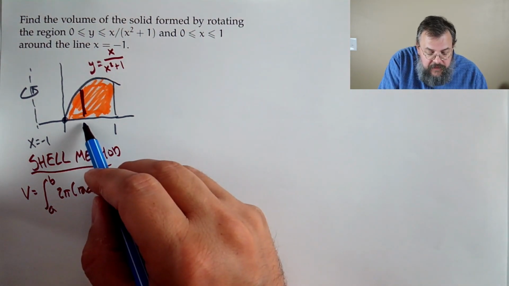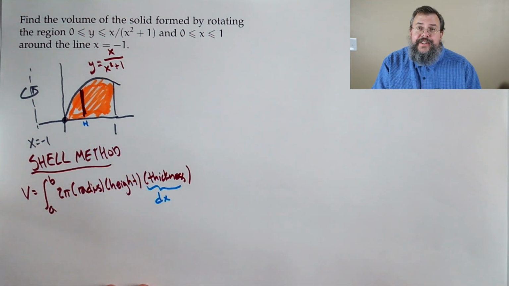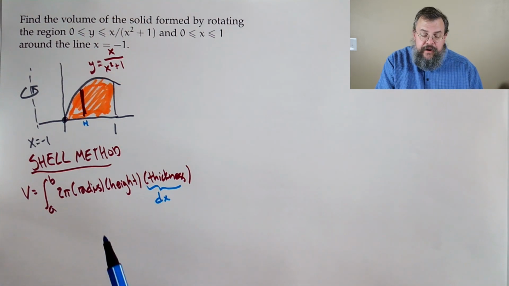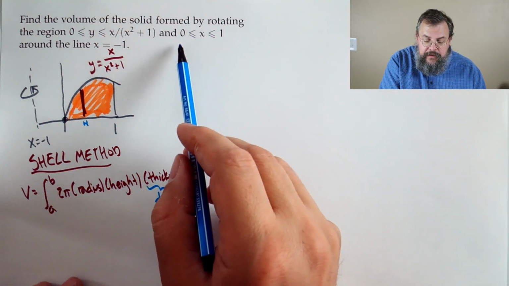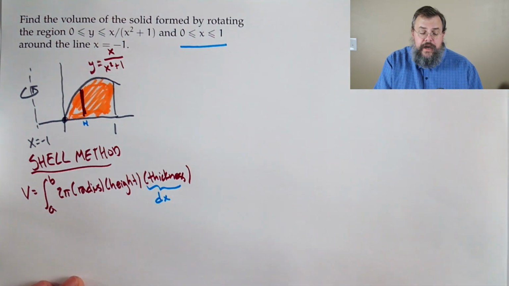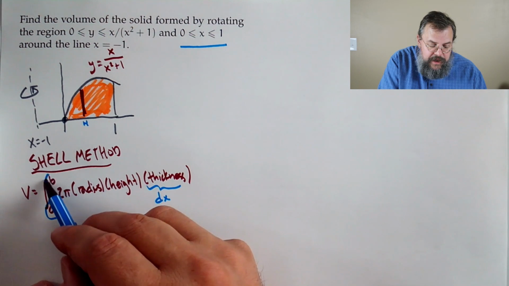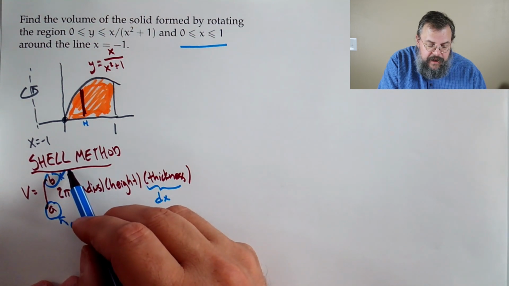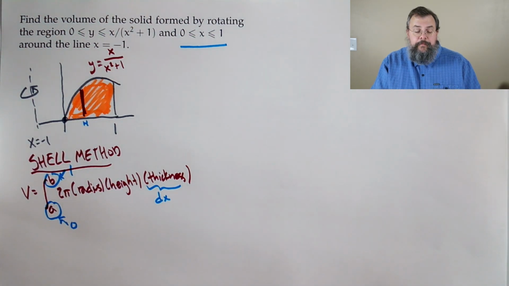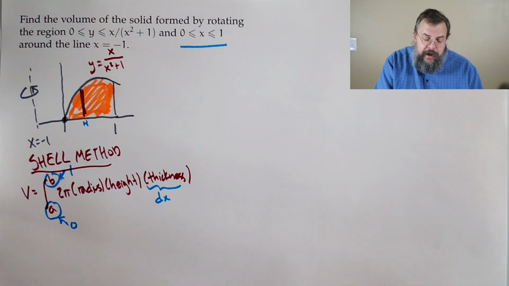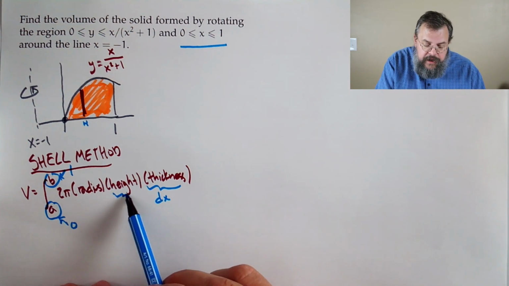You can see there's just a very, very tiny change in x when we're talking about our thin vertical slice, which means our bounds need to be x bounds, and the x bounds are already given to us, going from 0 to 1. Oh, freebies. Nice. I like it when we get things for free. It makes things a lot easier. So 0 to 1. Okay, what else do we need? Well, how about a height? That one I think we can get pretty quick.